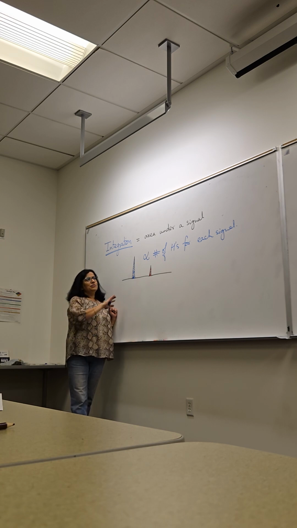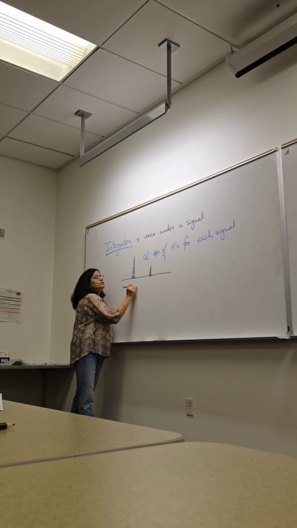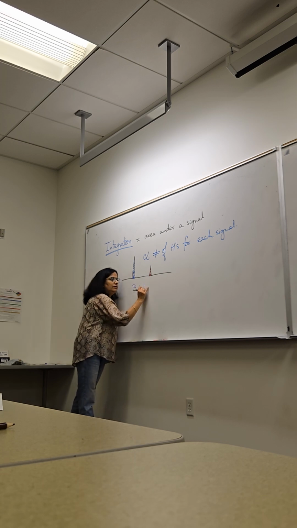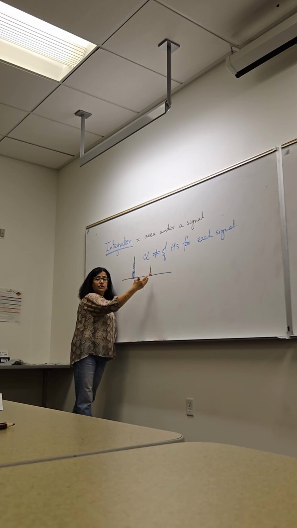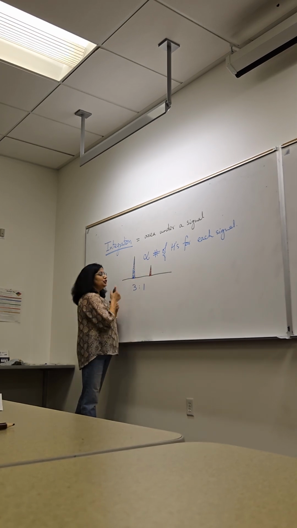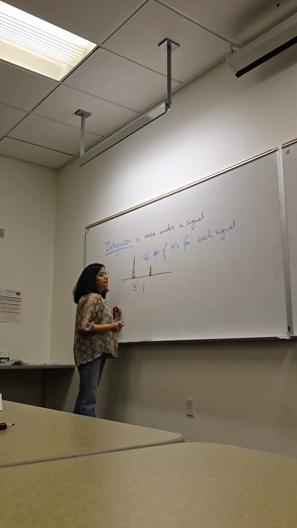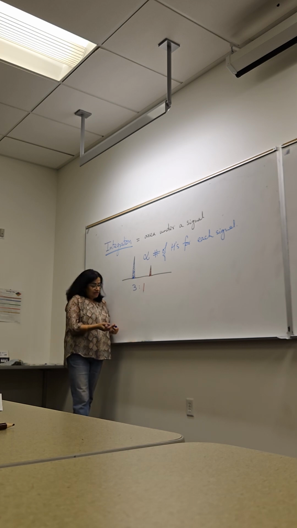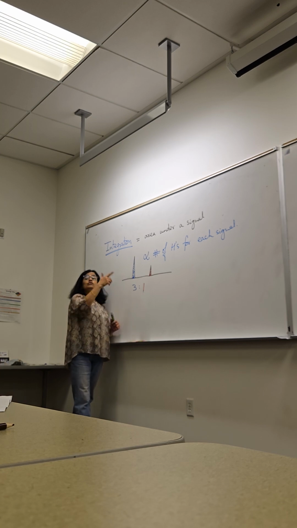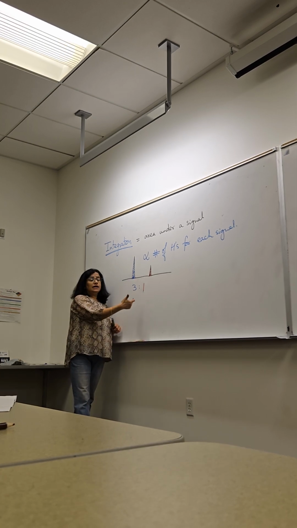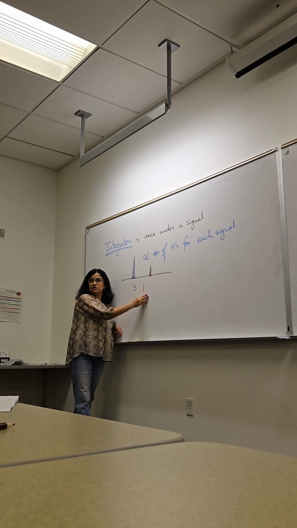So let's say, and I'm just taking a random example here, the blue area was 3 times the red area. So the blue area compared to the red area is a ratio of 3:1. What that tells us is that the number of hydrogens causing this signal is 3 times as many as the number of hydrogens causing that signal. So it's a ratio really.